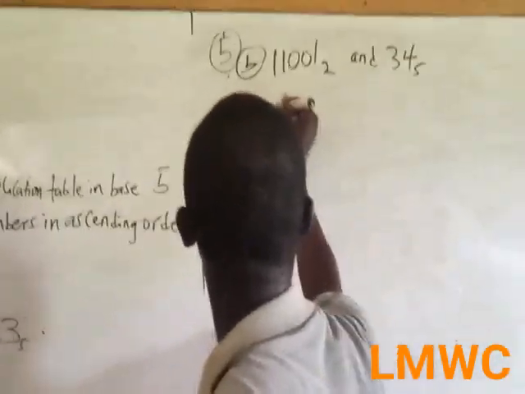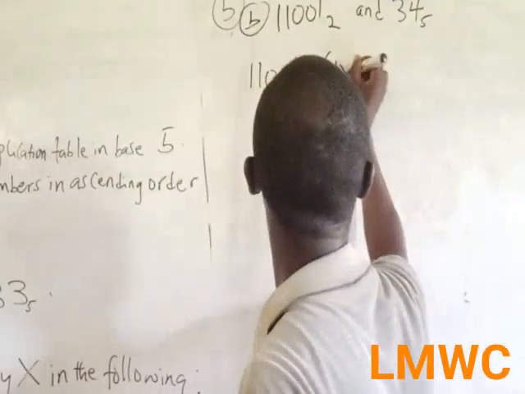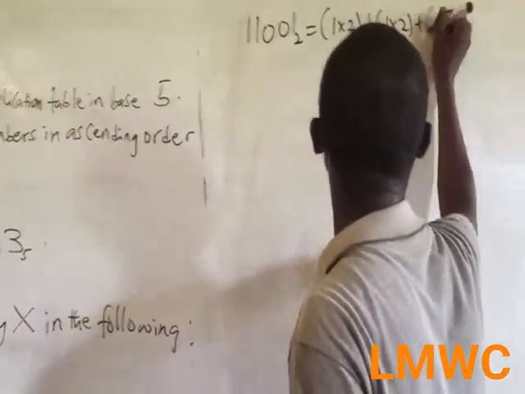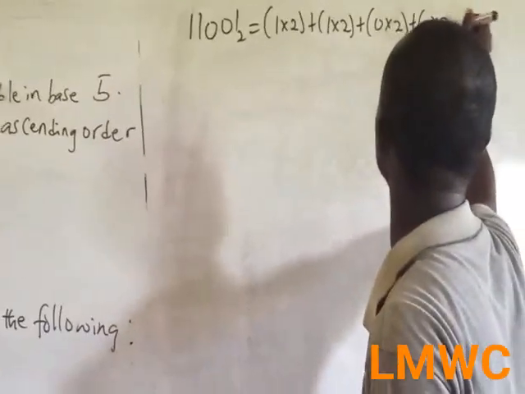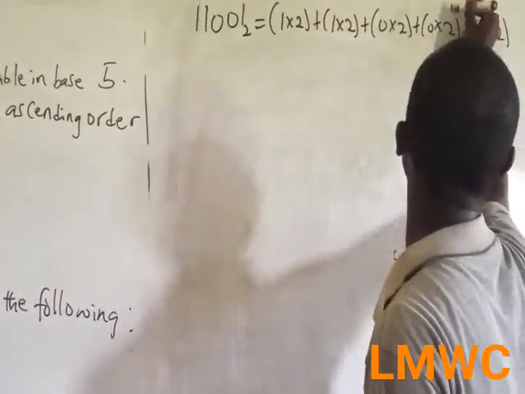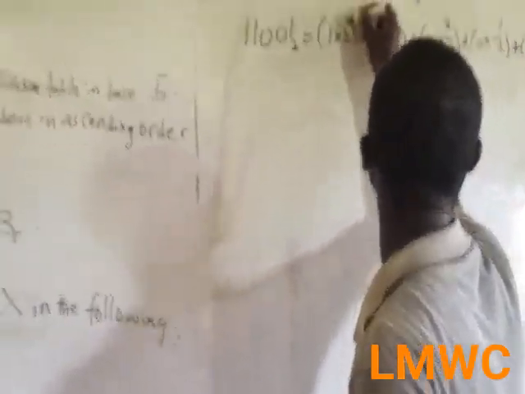So to convert this to base 10, we have 1 times 2 to the power 4 plus 1 times 2 to the power 3 plus 0 times 2 squared plus 0 times 2 to the power 1 plus 1 times 2 to the power 0.